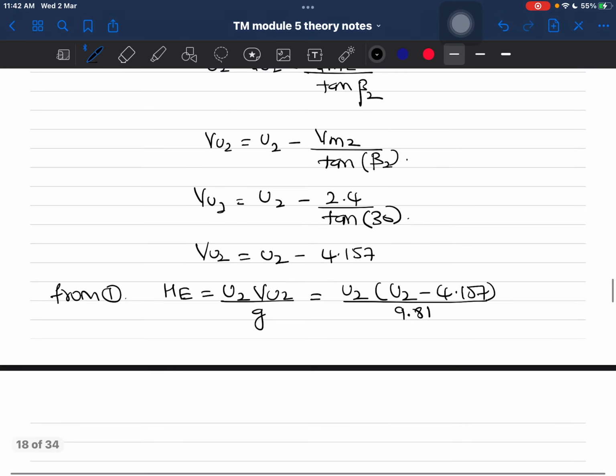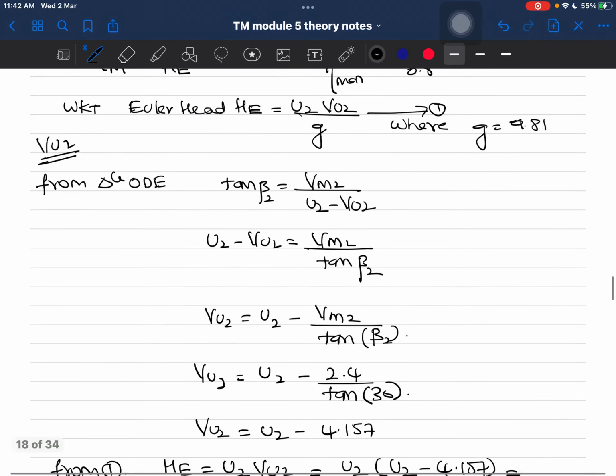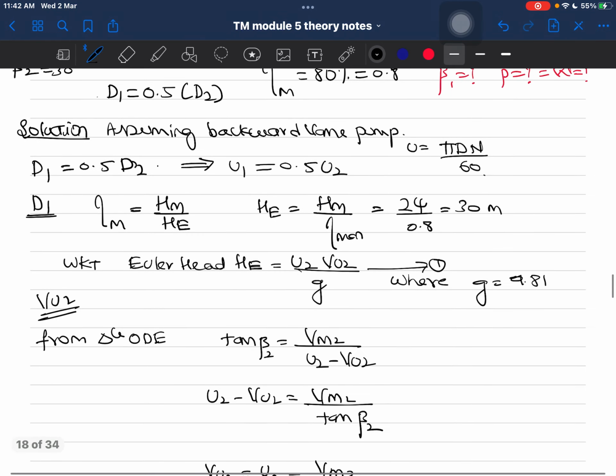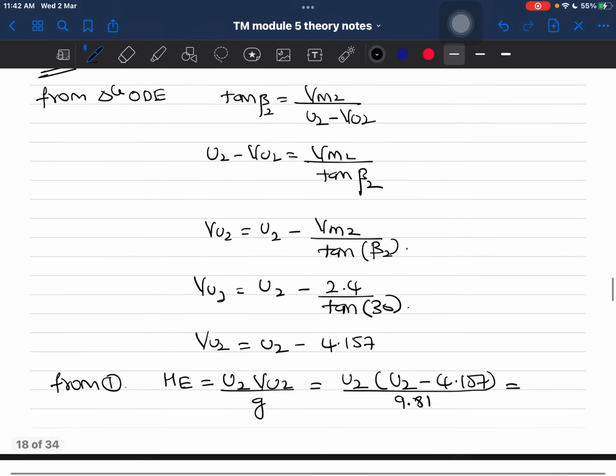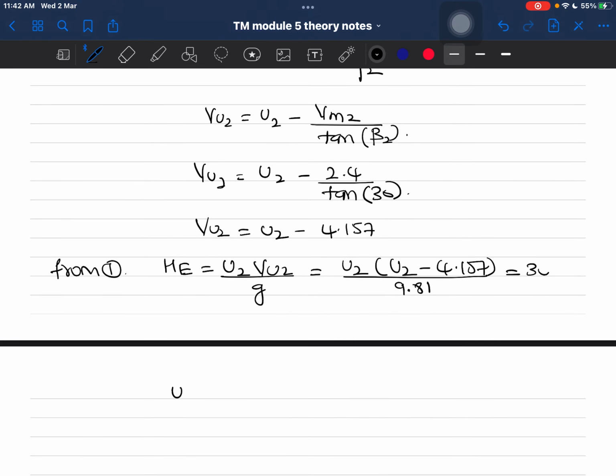When you solve this as a quadratic equation, and HE value is 30 meters, this is equal to 30. When you cross multiply all this, you will get U2 square minus 4.157 U2 minus 294.3 is equal to 0.